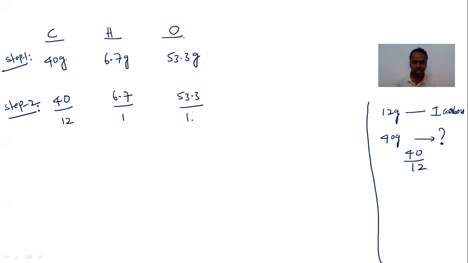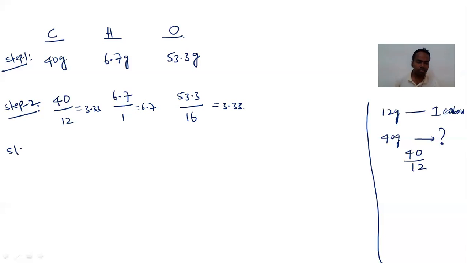We need to divide not with molecular mass, only atomic masses, because we need to find the number of atoms, not molecules. That's why 16. Don't take 32 here. Oxygen atomic mass is 16 only. Now see here, 40 by 12 is approximately 3.33, this is 6.7, and this is also 3.33.